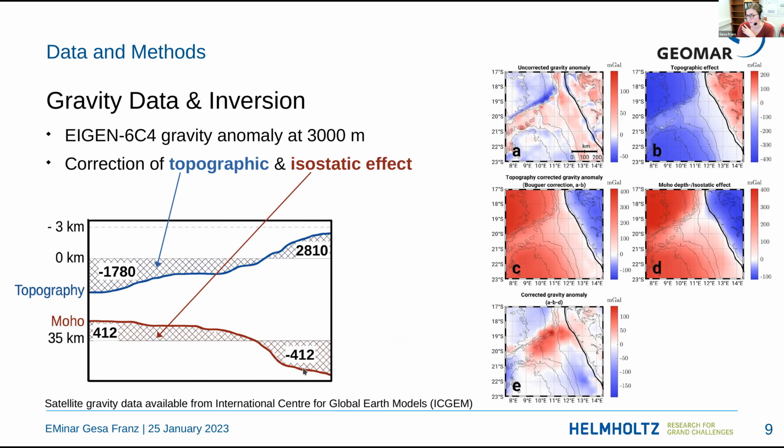We have a deficit of mass, and where the Moho is shallower, we have an extra mass, and we calculate again the gravity effect and subtract it. And then we finally get to this anomaly here in E, which is our inversion input, and that emphasizes crustal anomalies between the topography and the Moho.